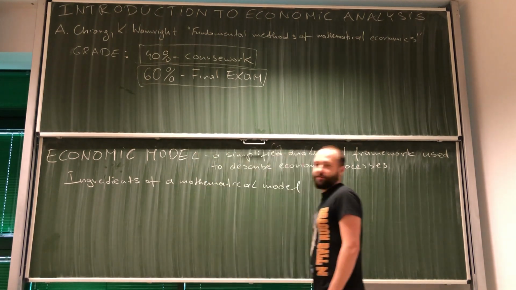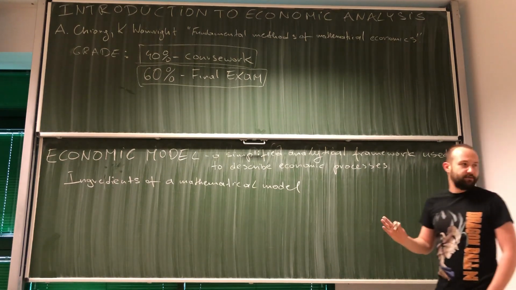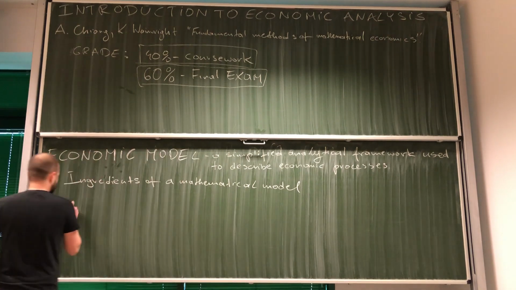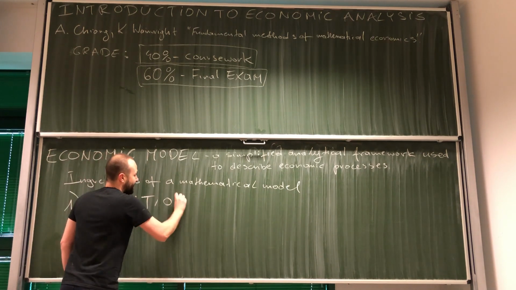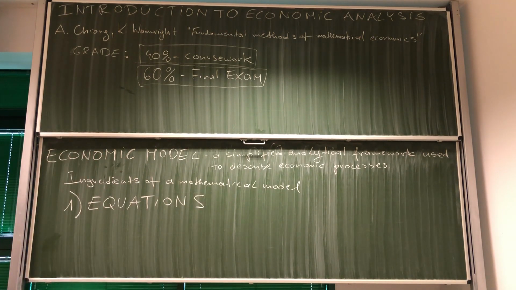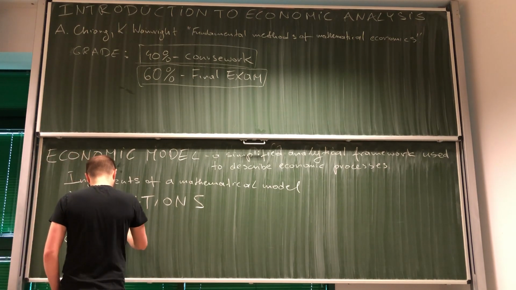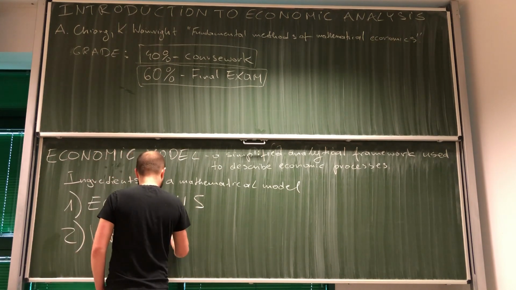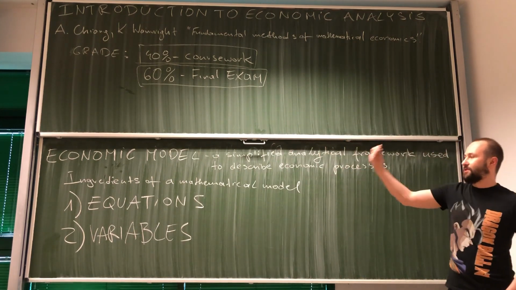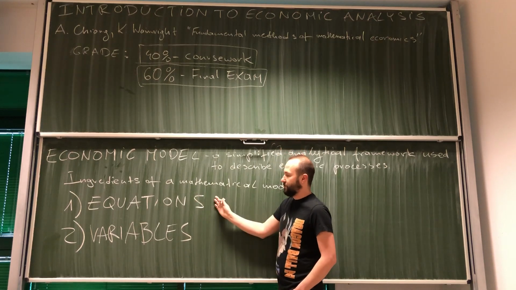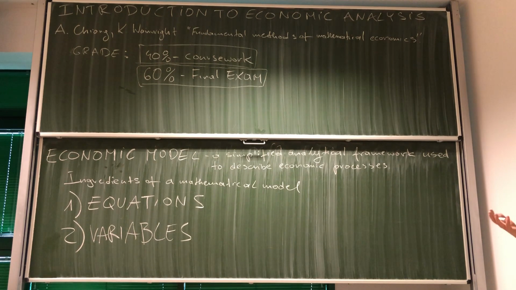Each mathematical model that we are going to use will consist of two main ingredients. First one are equations. But of course, we cannot have equations without variables. So once we have some variables, we are able to build equations based on those variables, and then we are able to create the full model.